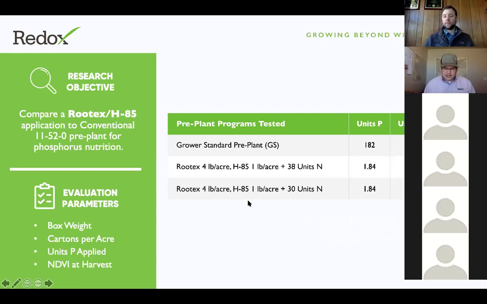There wasn't a whole lot there to mine, but there probably was a little bit of background fertility. I mean, 182 units of P just blows me away. That's how much they're putting down: 350 pounds of 11-52. Yeah, that just blows me away. Us too, which is why we did this trial, to try to get away from that.